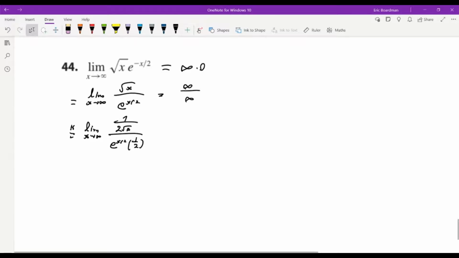We can bring some of the stuff in the denominator up to the numerator. So the limit as x goes to infinity of, we can bring this up and flip it, so that'll become 2 over 2 root x, and then we can bring the e to the x over 2 up as well. So it should be that. Just want to make sure.